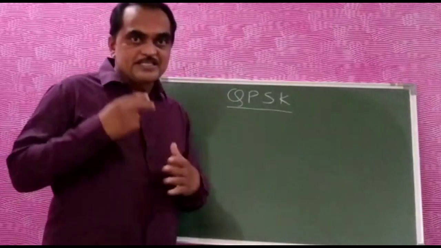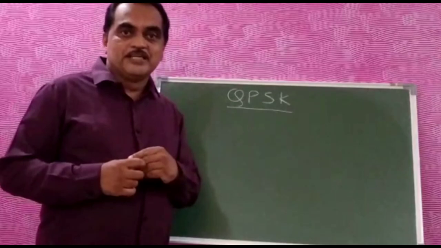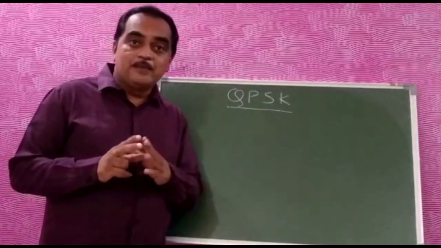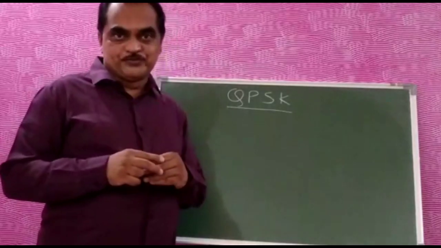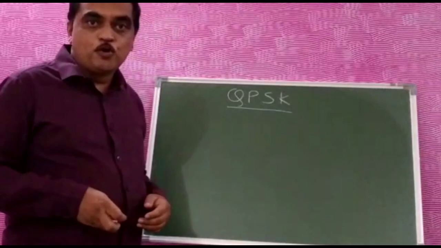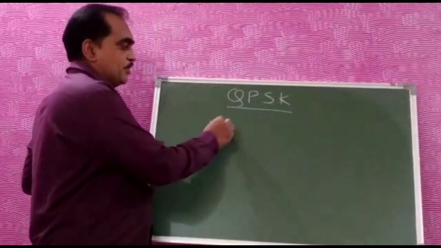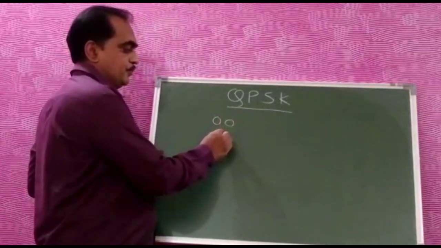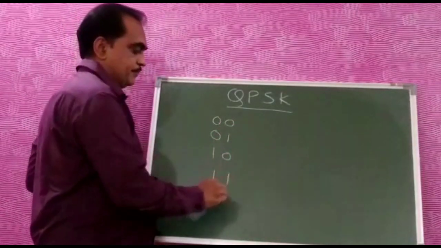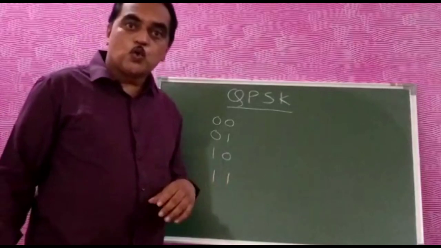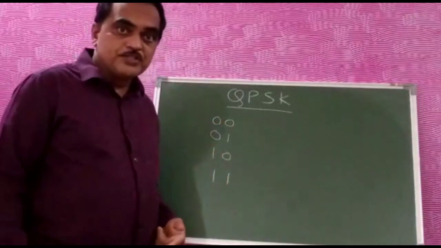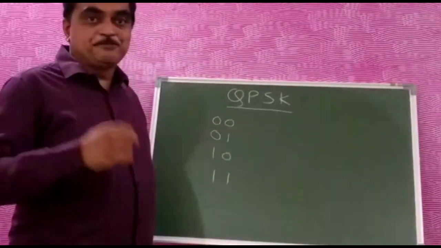Now to increase the number of bits per second, we came to a concept where we club two bits. If you have 2 bits, 0 and 1, there can be 4 combinations: 00, 01, 10 and 11. For these 4 combinations, we will have 4 phase shifts.